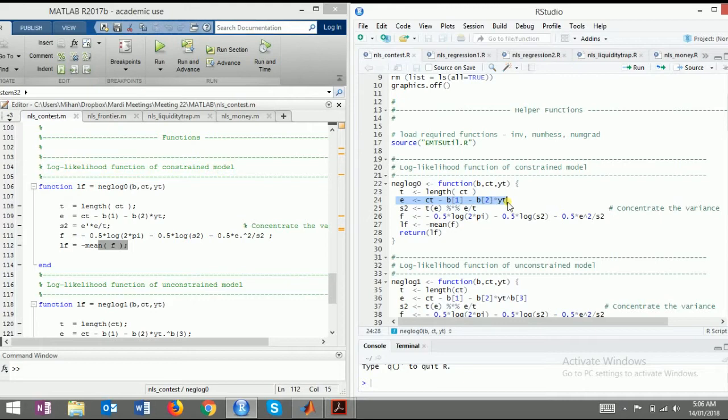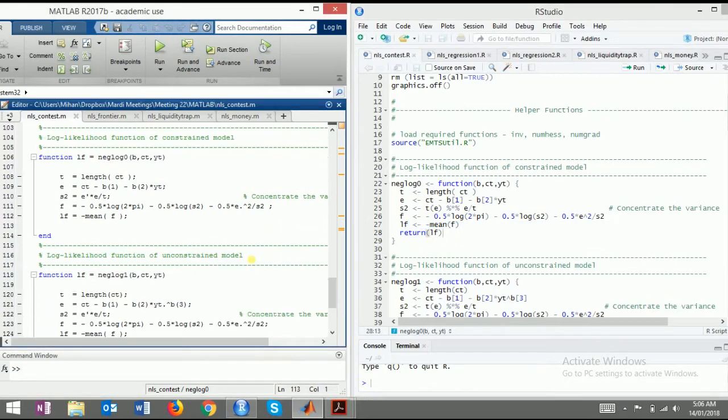Then we compute the sigma standard deviation, transpose of e multiplied by e divided by T. Then we have the log likelihood function that we are estimating, and just the negative mean, and return LF. We want this function to return LF, the log likelihood function.